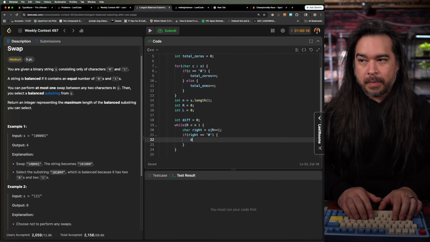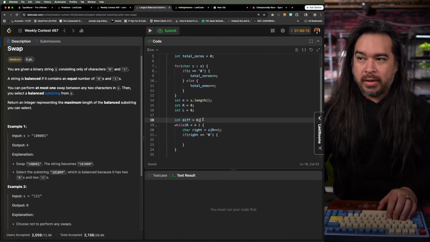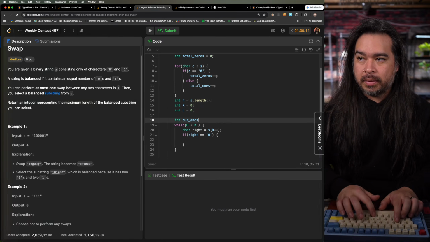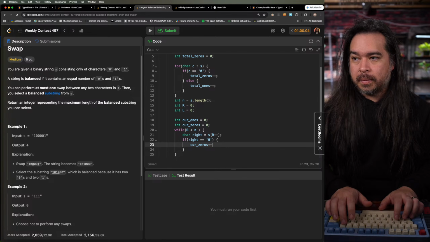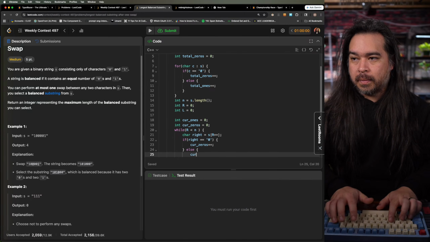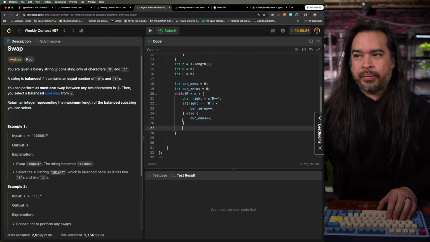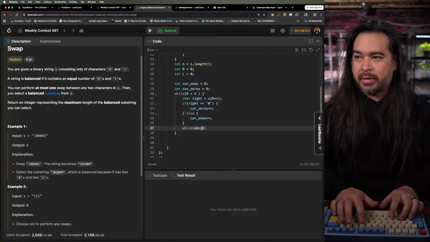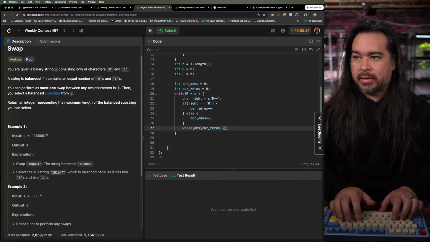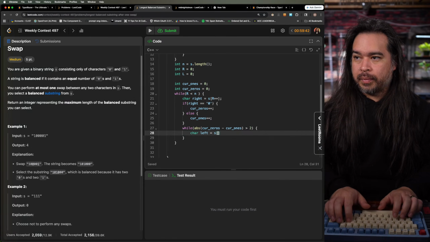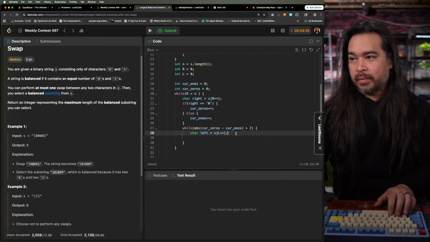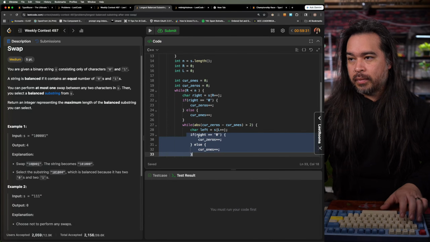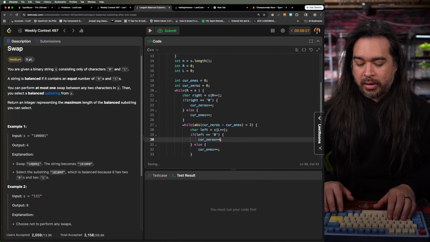No, I think I need the actual count. And I'm going to say while the difference is greater than 2, we move our left pointer up and decrement here.